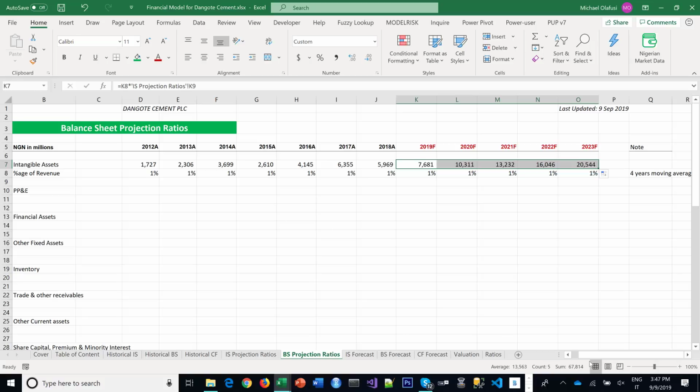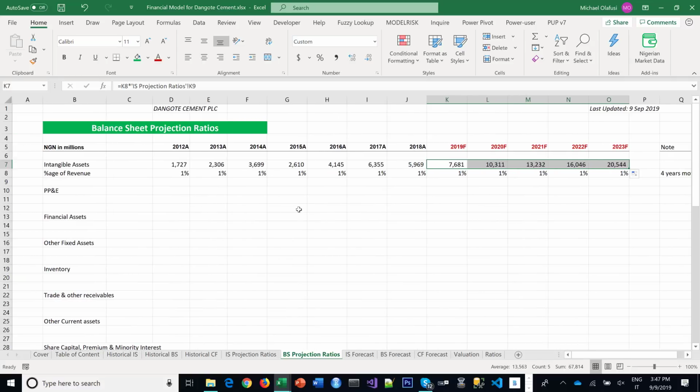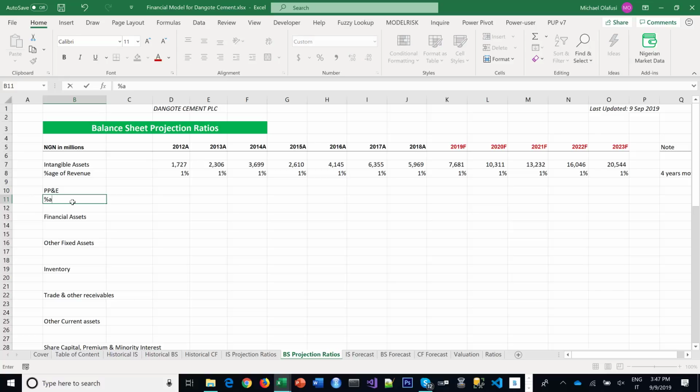And for the PP&E, I'm going to say again as a percentage of revenue. If I don't have the schedule where I'm going to get the book value of the properties into the future, then this is what I will do.